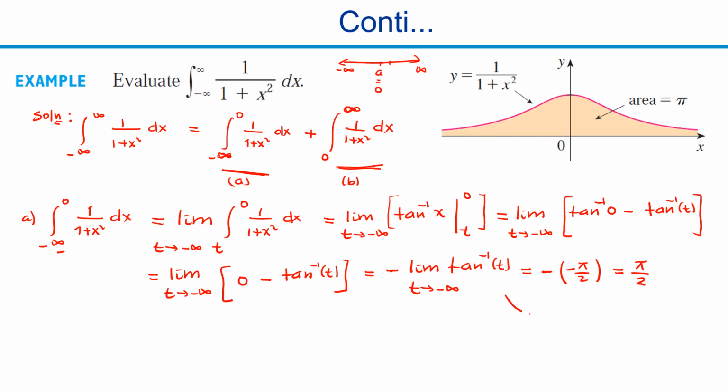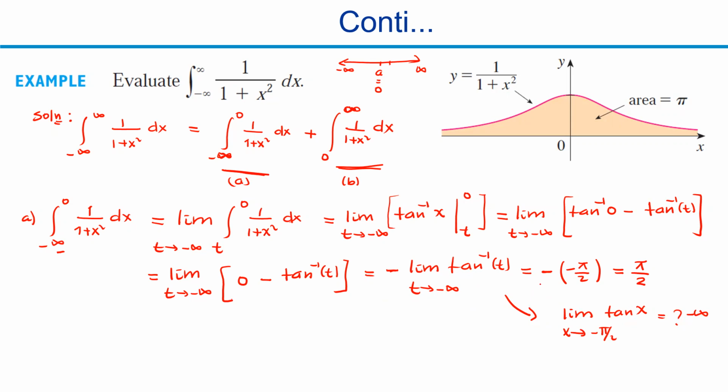Just to answer this question, if you are good on limits, what is the limit of tan x as x goes to minus pi over 2? If you know this one, finding the limit of tan inverse of t as t goes to minus infinity will be easy. This is minus infinity, you can check it.